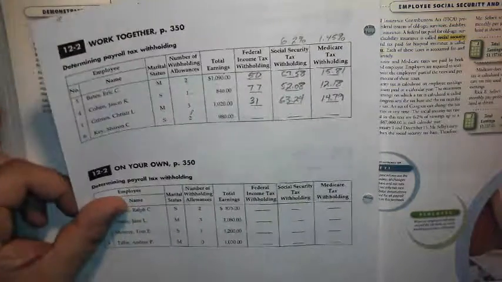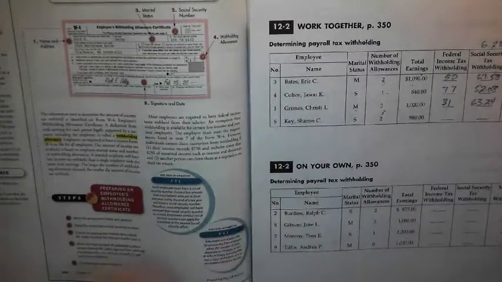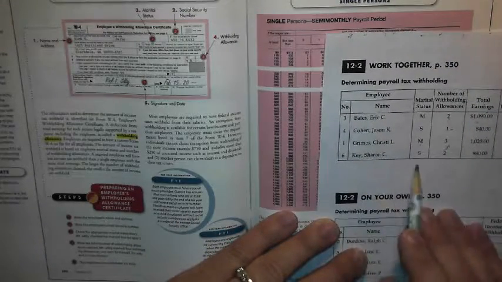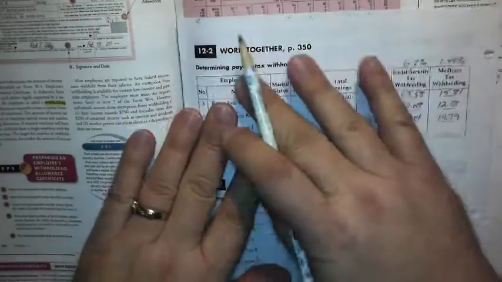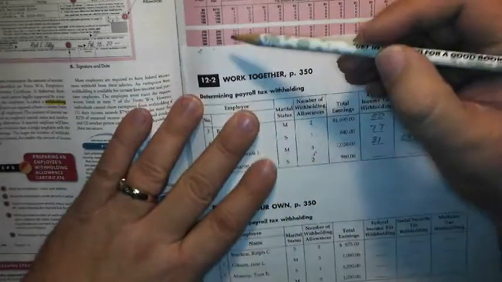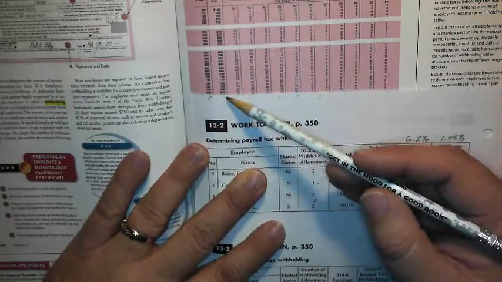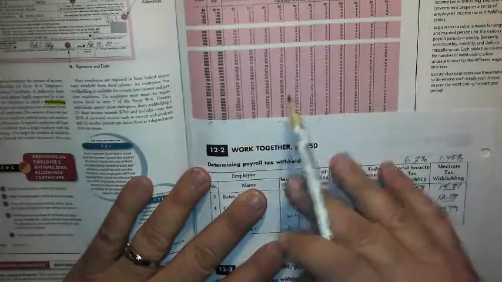And then we've got our last one, Shared Key, single. So she's single, $980. So we'll go down our chart here for the money, 980. Okay, here we go.